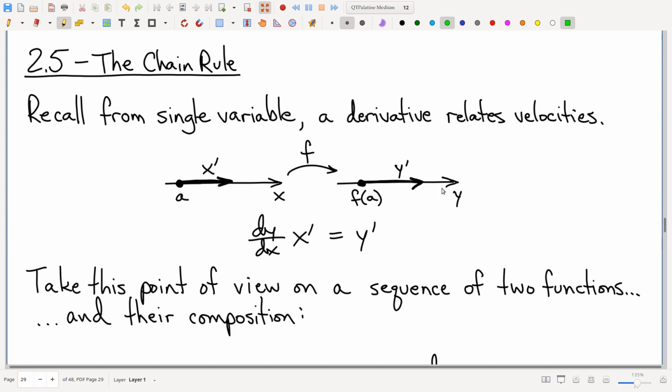I'm going to take a very particular point of view on the single variable chain rule. Very narrow, very specific. And I'm going to spend an entire page of notes talking about that specific point of view on the chain rule. And I just want to make sure we're clear on why I'm doing it. It's not because I don't think you know it, right? I assume that you know the single variable chain rule.